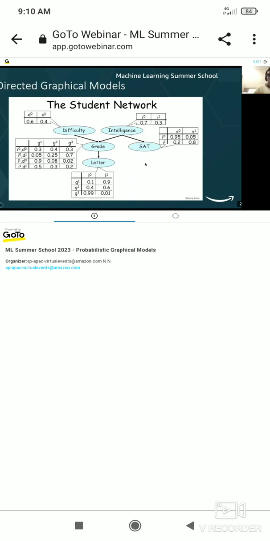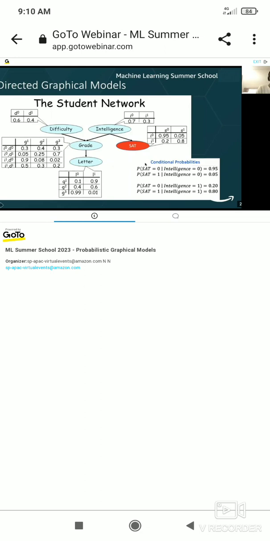Moving on, if you look at the SAT node, things become a little more interesting. SAT now depends on the intelligence of the student. Intuitively, you would expect that if a student is intelligent, then his SAT score would be high, whereas if a student is not intelligent, then his SAT score would be on the lower side. Since SAT depends on intelligence, to enumerate the probability distribution of SAT, we have to enumerate it for all possible values of intelligence.